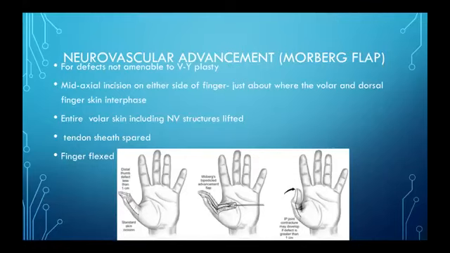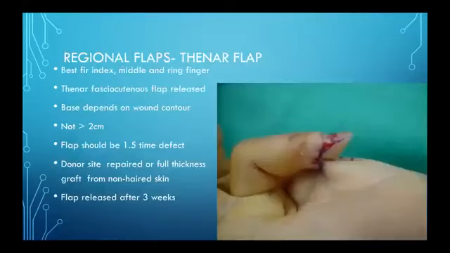The thumb is a good one to cover with this. Of course, the finger will be flexed, but with exercises and subsequent releases and full thickness skin graft, the finger can actually be extended fully.